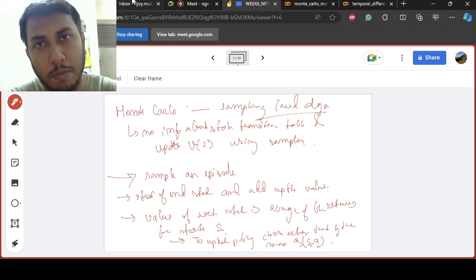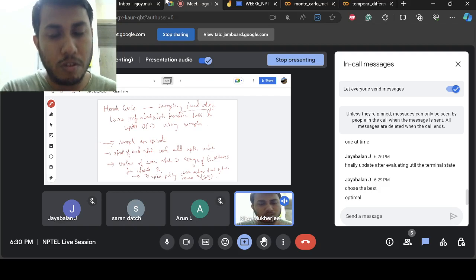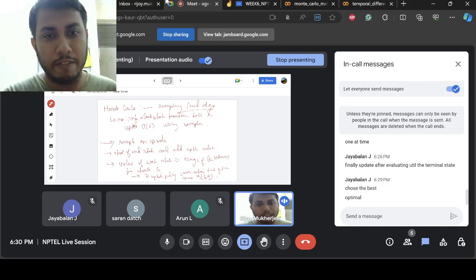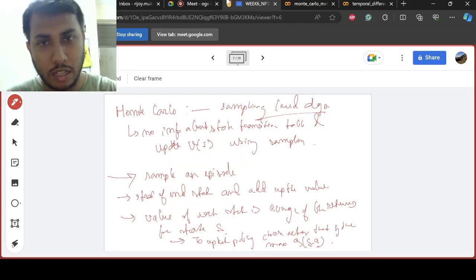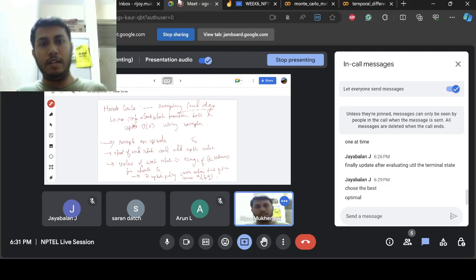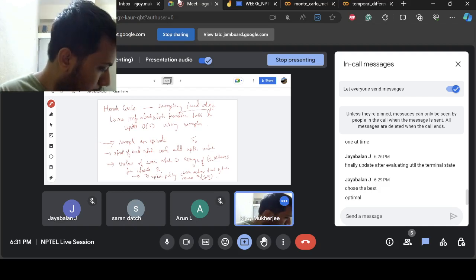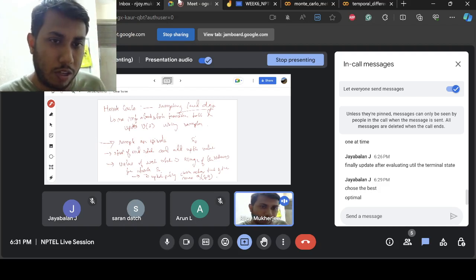So that's how you update the policy. For updating the policy, the concept is really different: you can start at any state. You don't have to always start at the start state. In DP you always have to start from some start state S0, but here you can start from any state, S1, S2, S3, anything, right? So that is your Monte Carlo exploration.